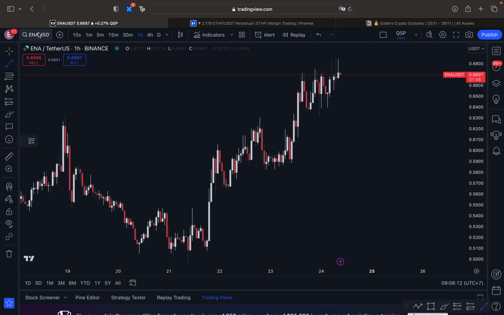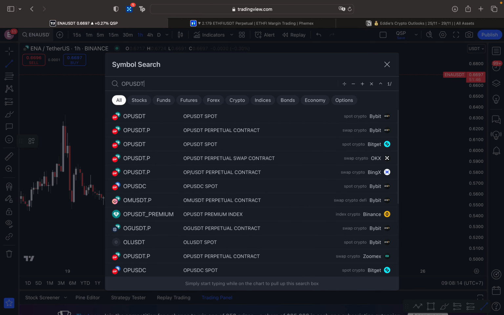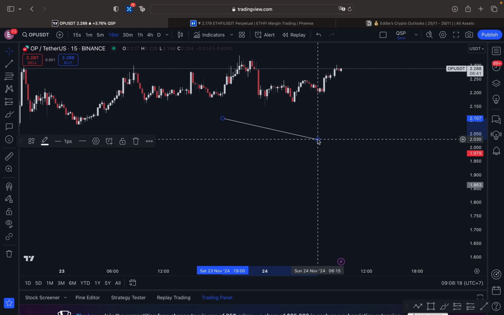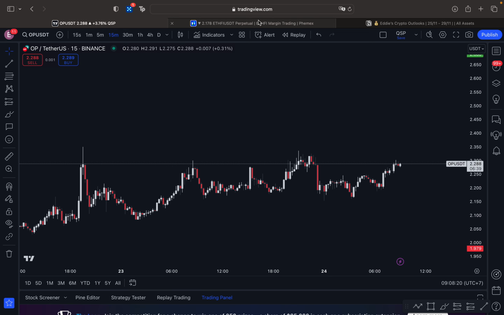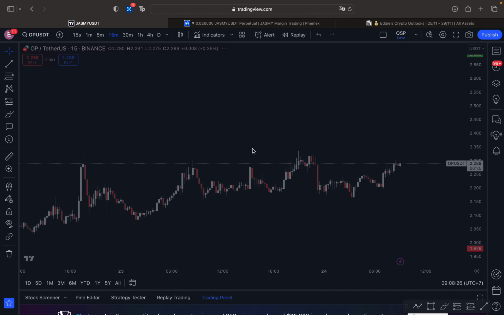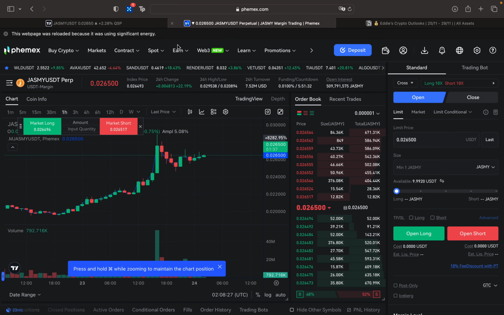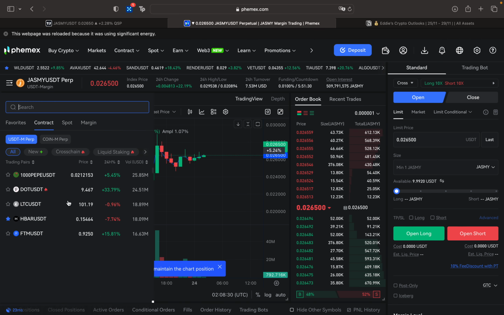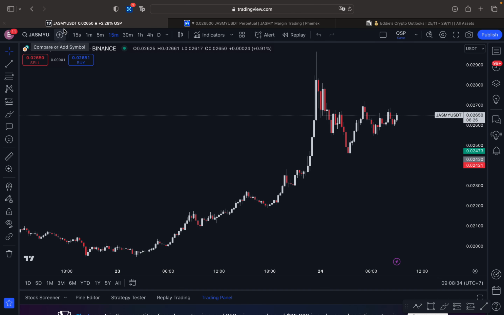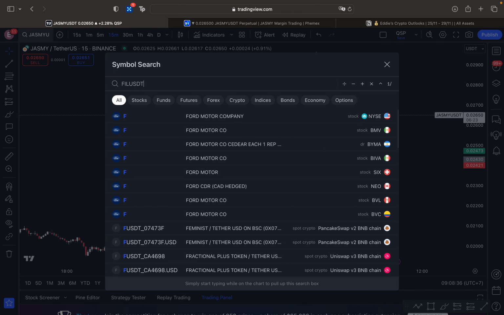Op. This is a good pair to trade as well. Op USDT. Jasmy. Fall. USDT.